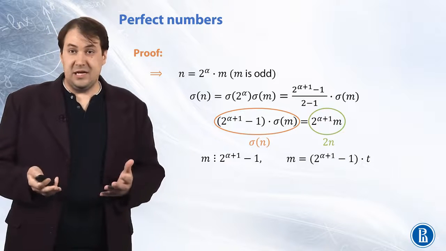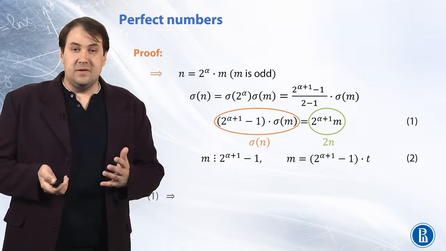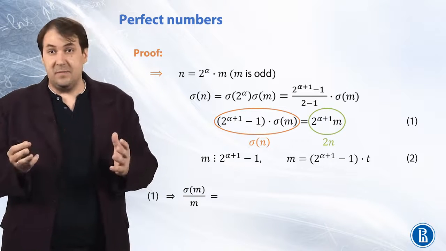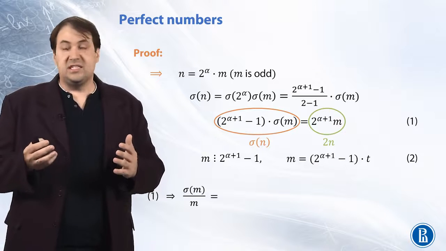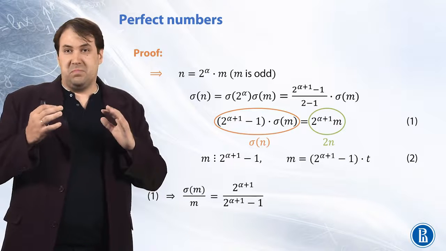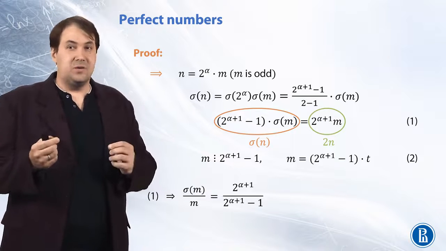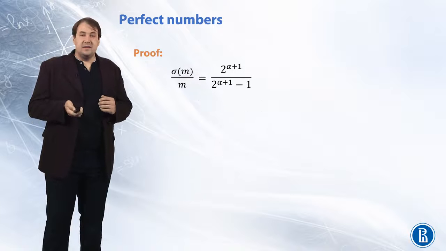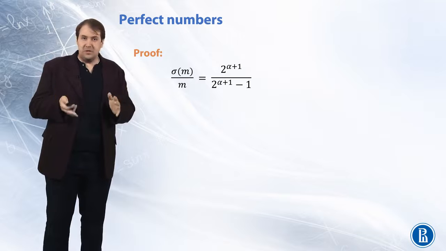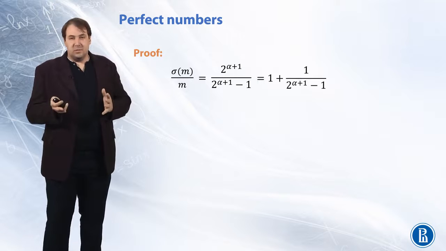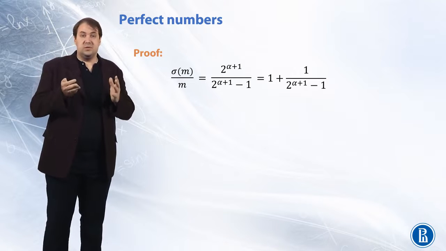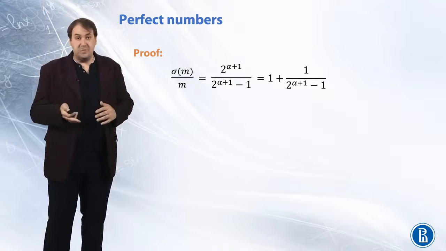Let's rewrite this equation in the following way. First, write the fraction formed by the sum of all divisors of m and m itself. It needs to be equal to the fraction formed by the parts of the equation that contain powers of 2. Then we can transform the obtained equation a bit. First of all, we can write that this fraction is equal to 1 plus another fraction.